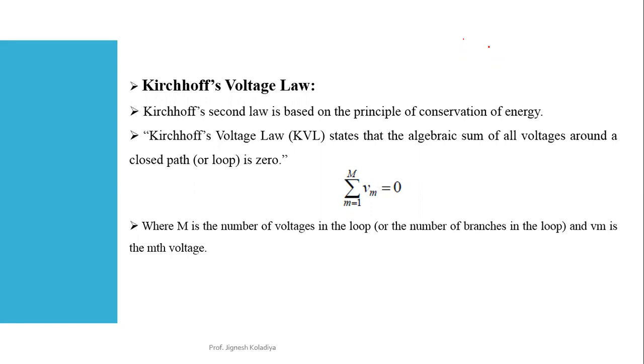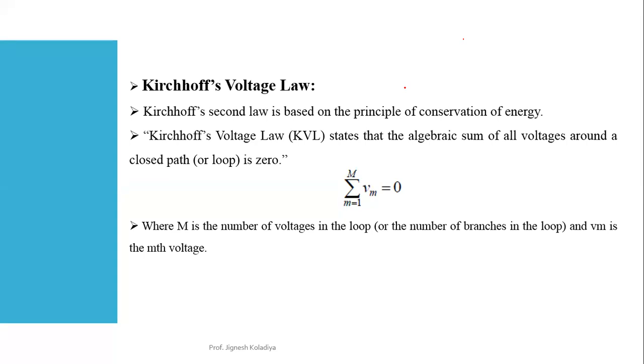So this KVL states that the algebraic sum of all voltages around a closed path is 0. So here we are talking about the voltages.